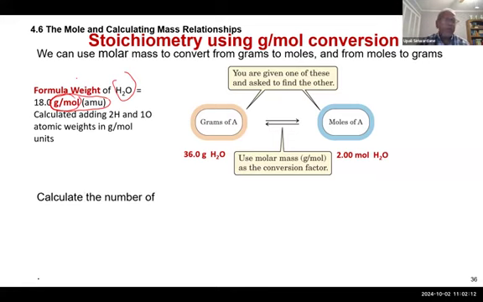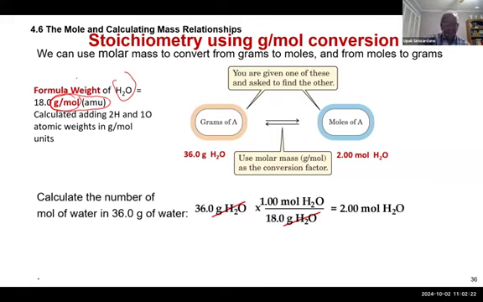So you take 36 grams of water and find out the moles of water. What you do is you take the 36 grams here and use a molar conversion factor.